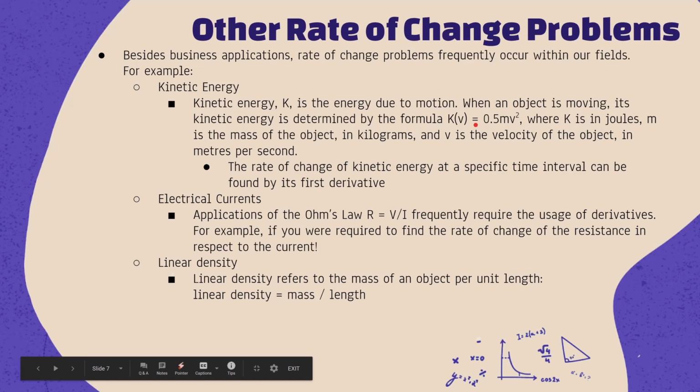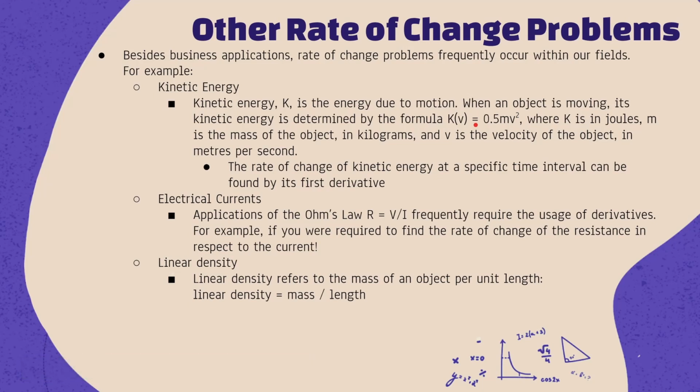K, which is our energy, will be written in joules, which is a big J. M is the mass of an object in kilograms, and V would be the velocity of the object in meters per second. So now you could solve for kinetic energy whenever you're given M and V, right?